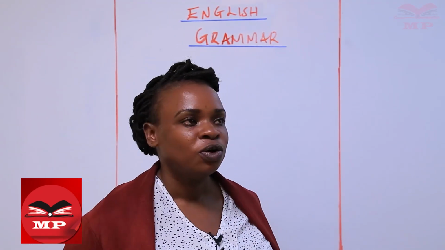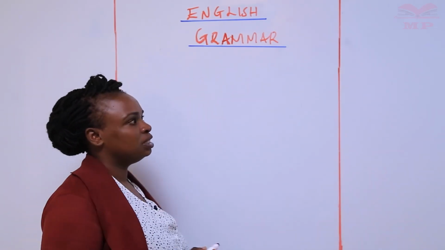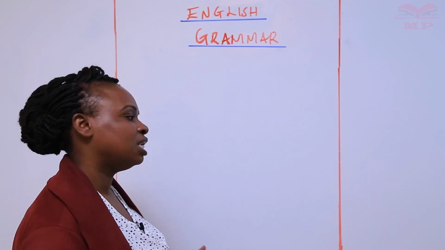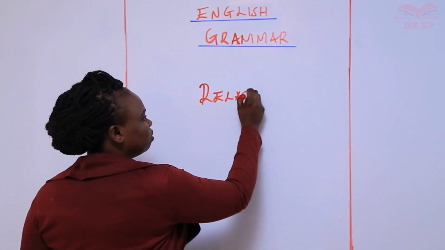But in this case, we introduced the idea of relative pronouns, and we said that they introduce relative clauses. Now in those relative clauses, we said that they are of two types.